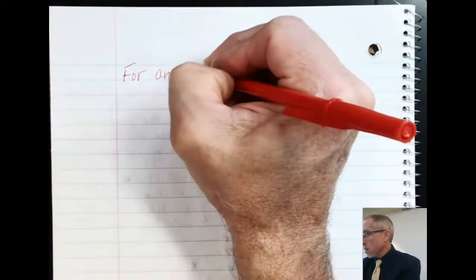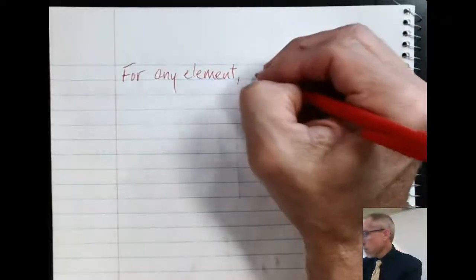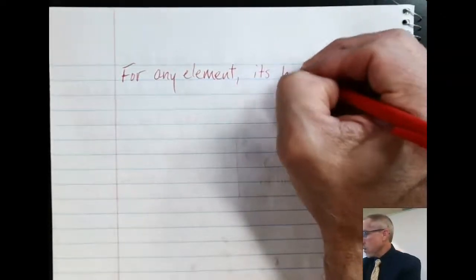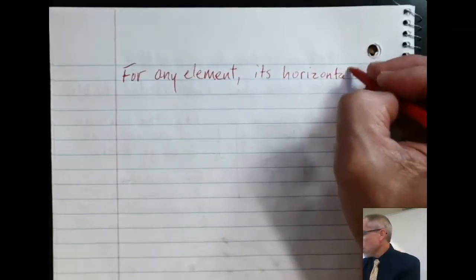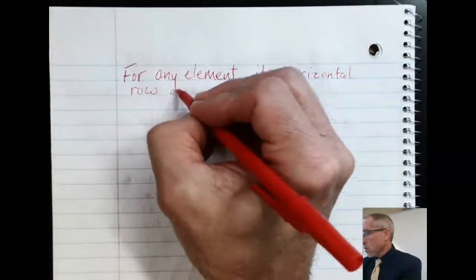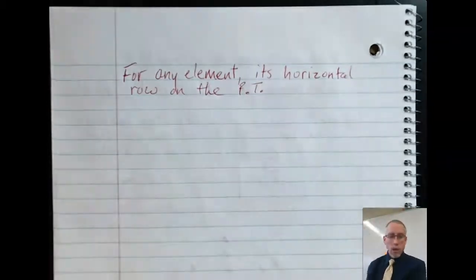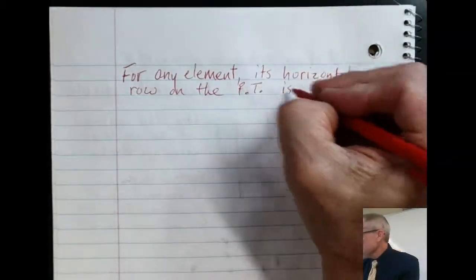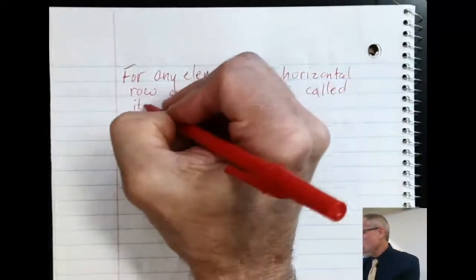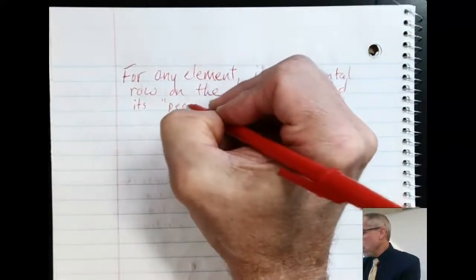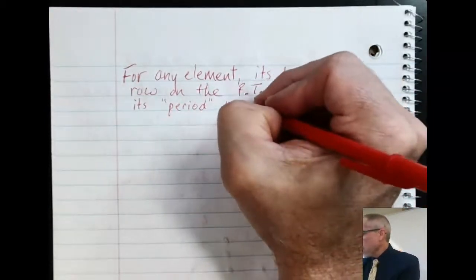For any element, its horizontal row on the periodic table, which I will abbreviate PT, I hope that's okay, is called its period. That's where we get the name periodic. Its period number.